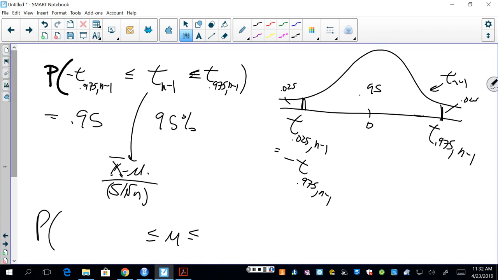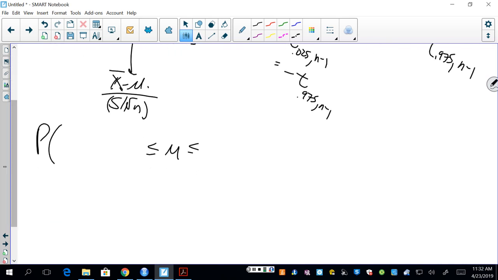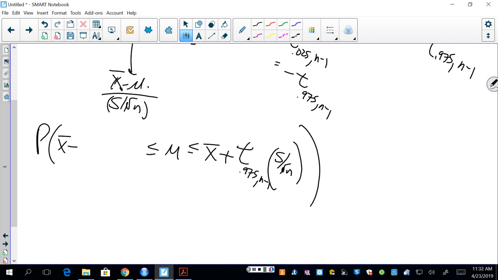And you could do the same thing on the other side. And what you get is x bar plus the t value, t 0.975 with n minus 1, times s over the square root of n on the upper side, and x bar minus the t 0.975 with n minus 1 times s over the square root of n on the lower side.